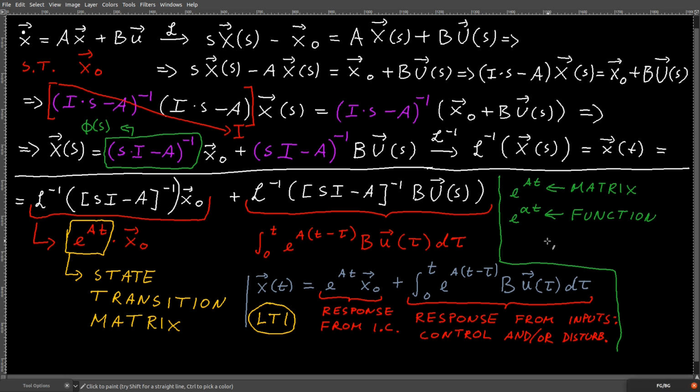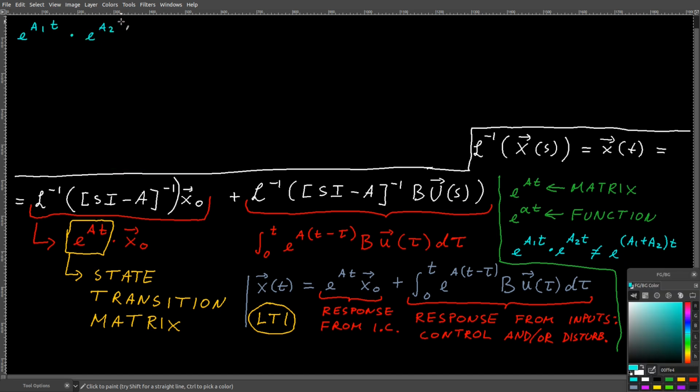Also, be careful with something. You know that if you multiply this function by this function, then you will have this result. However, in general, the same is not true for the state transition matrix. In general, if you have this matrix times this matrix, it will not equal this matrix.